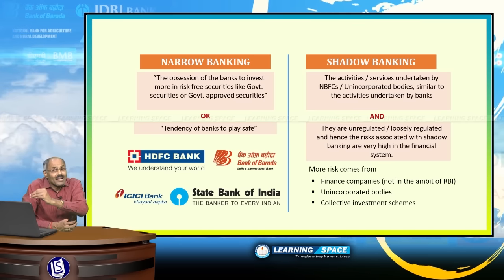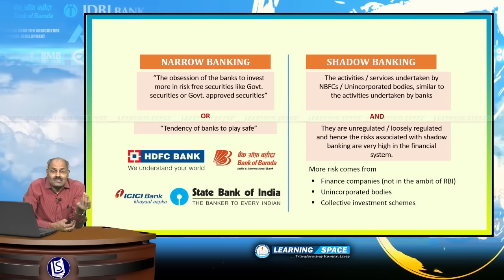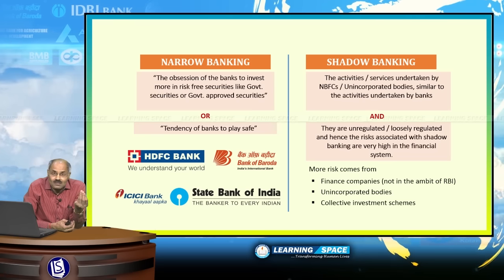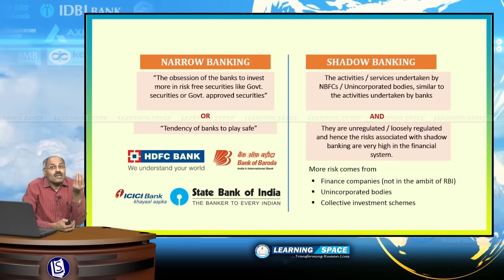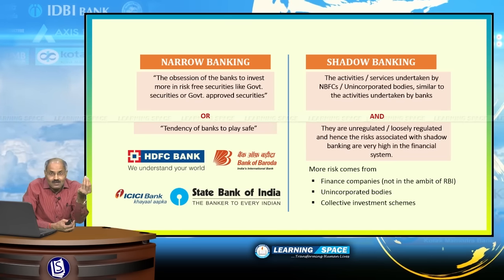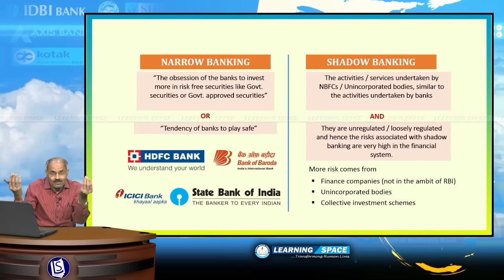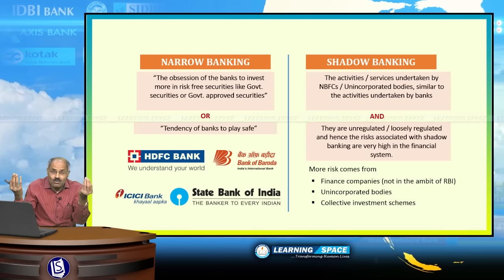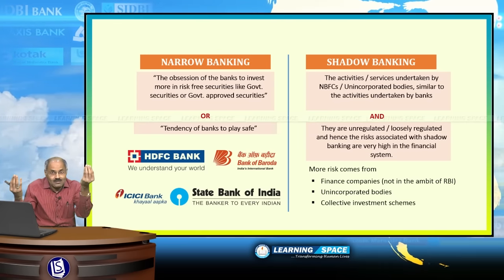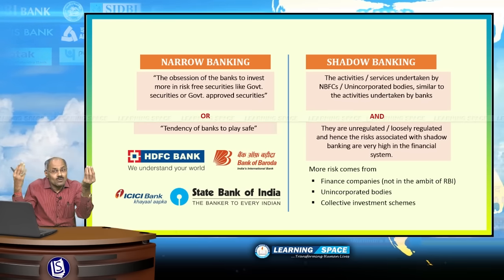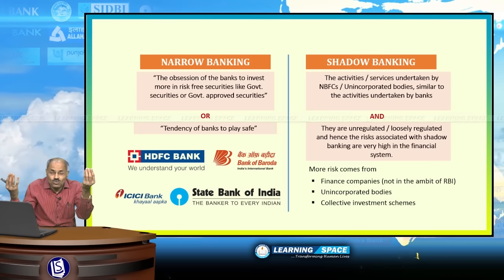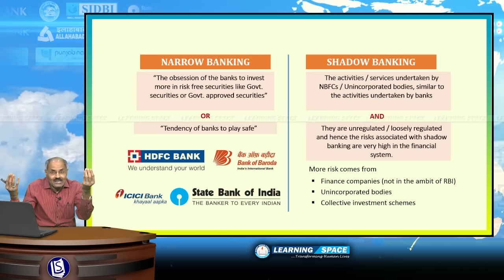And shadow banking. Shadow banking is, if you want a vehicle loan, you can go to State Bank of India or some Bajaj Finance or some other finance company. If you want a gold loan, you can go to a bank, or you can go to Manappuram Finance or Muthoot Finance or some other gold finance company.